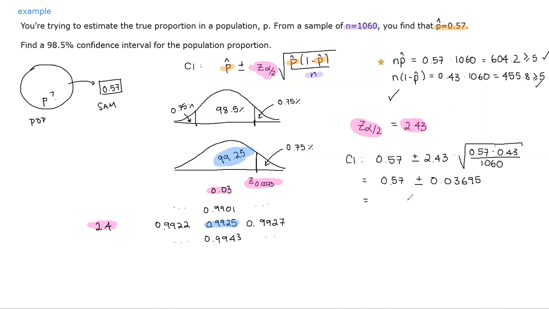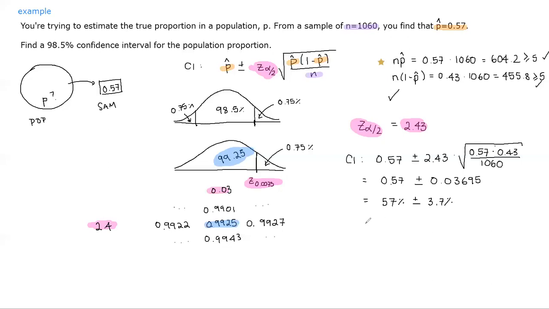Which, if I write it in terms of percentages and round a little bit more, so here I just kept a lot of digits so that you can check if your result is correct. But this is the same as saying 57% plus or minus 3.7%. Right?